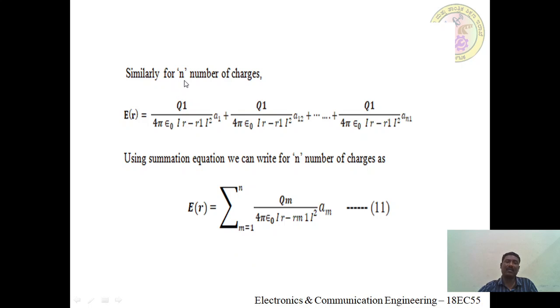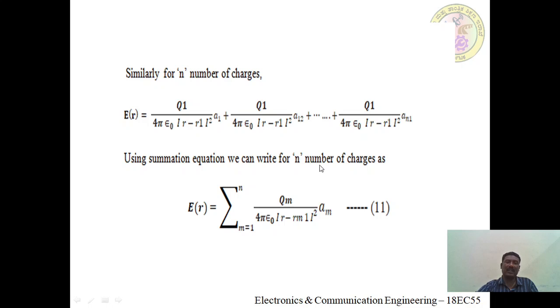Similarly, for n number of point charges, you can write it as Q1 divided by 4 pi epsilon naught into R minus R1 square a1, plus Q2 divided by 4 pi epsilon naught R minus R2 square into a2, plus and so on up to Qn divided by 4 pi epsilon naught R minus Rn square an.